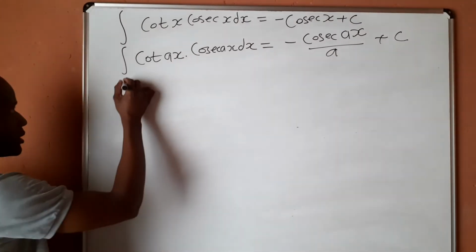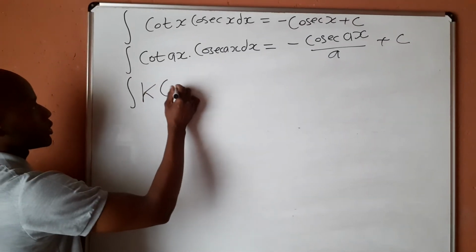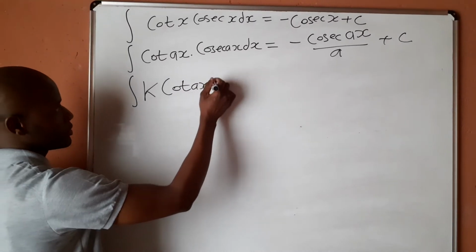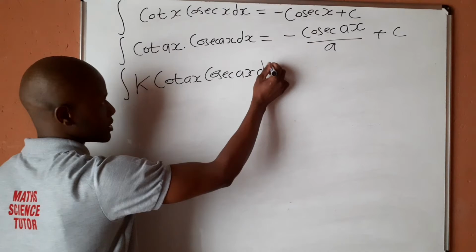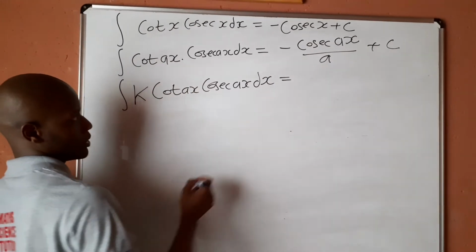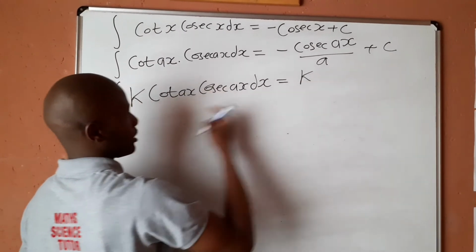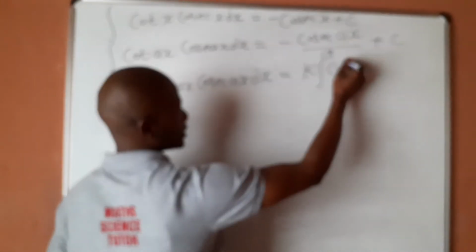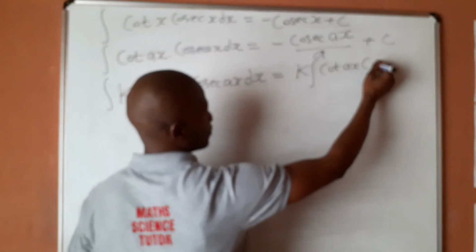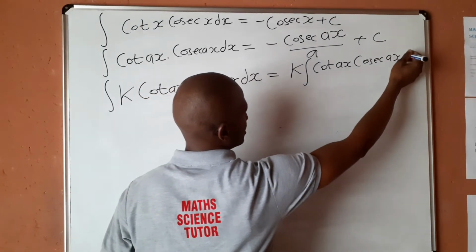Integrate k cot ax cosec ax dx is going to be, take k out as a common factor, k integral cot ax cosec ax dx.